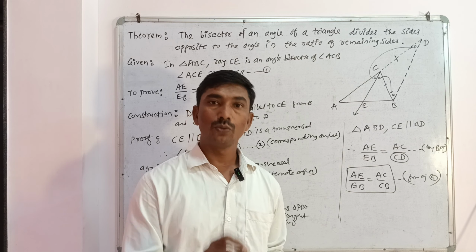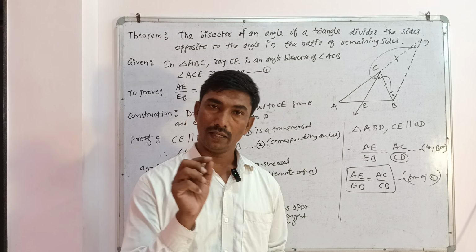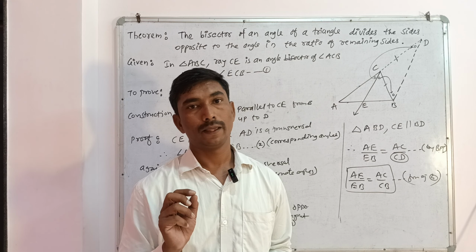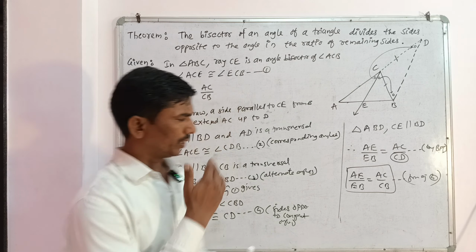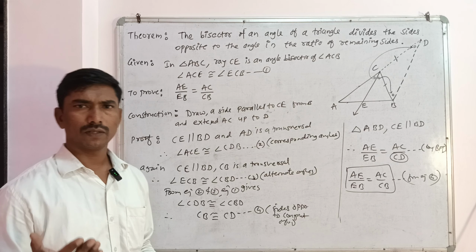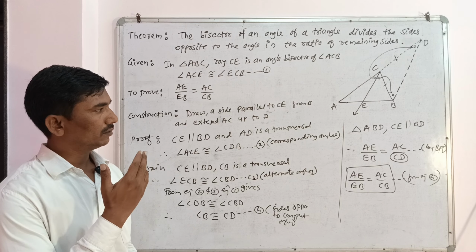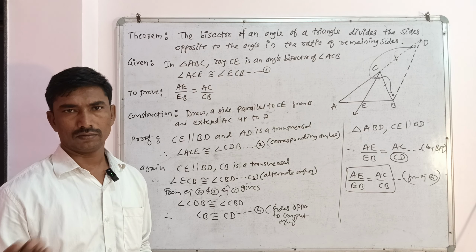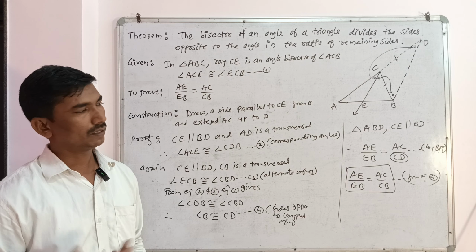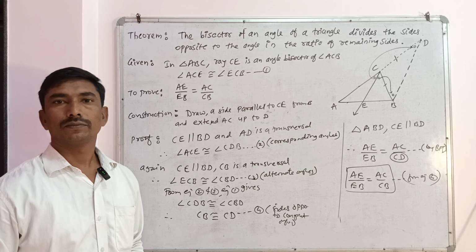So you can use those two sides in BPT. Okay, just go through it. It will be easier for you. Just read it louder and just write it down one or two times. It will be easier for you.